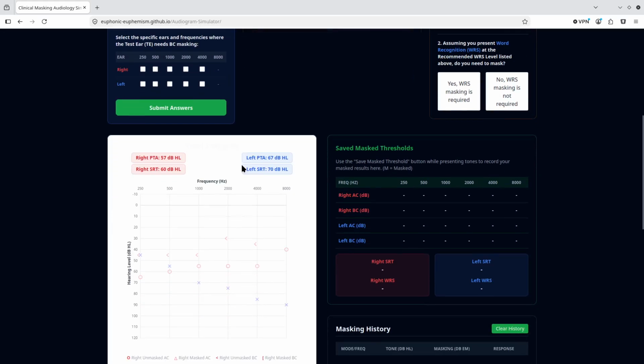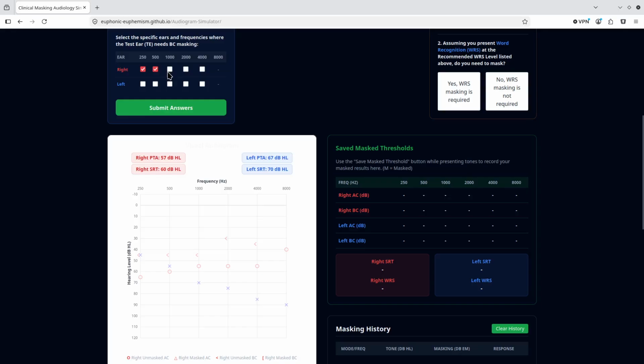Let's take a look at what frequencies we need to do bone conduction masking for. We can see 250 hertz in the right ear because we have a greater than 10 dB air bone gap. We can see that we need to do 500 hertz in the right ear. I'm sorry, let's start at 1,000 hertz.